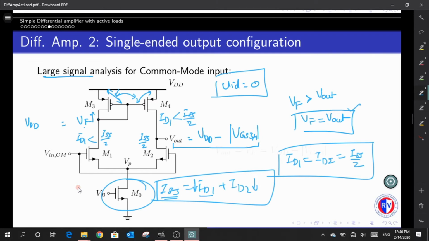When you do so, you end up having some sort of contradictory result stating that I cannot have such a current flow. So with that contradictory statement, I am proving that Vout is basically equal to VF. Which means that I will have a voltage equal to VDD minus VGS3,4 always. Okay, I will just allow for some time for you to think in case it is not striking you.